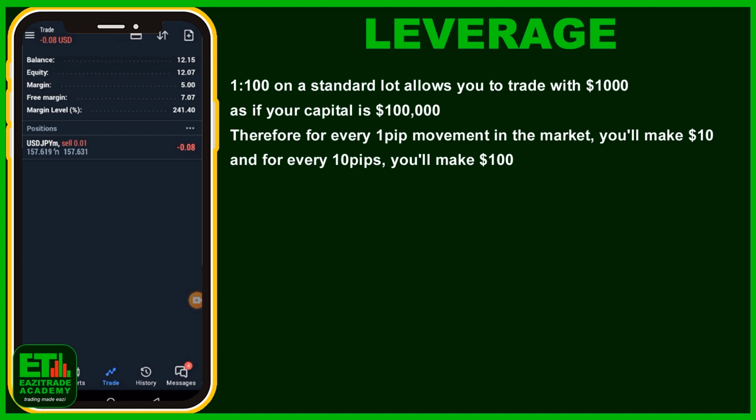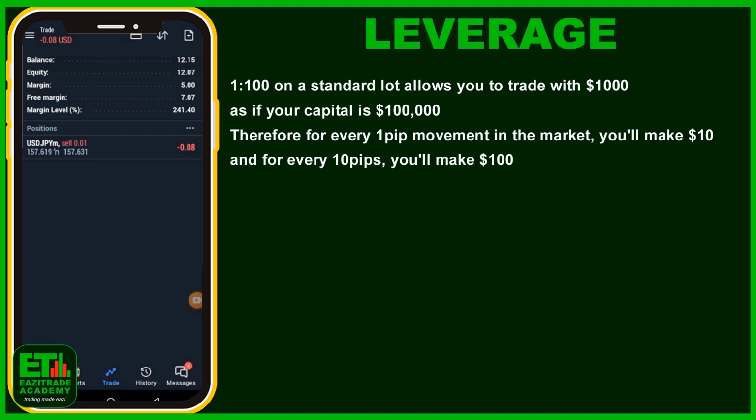If you are entering the market with a standard lot, which is 1, that simply means you are leveraging on that 100,000 to trade with $1,000. So for every 1 pip, you will make $10, while for every 10 pips, you will make $100.